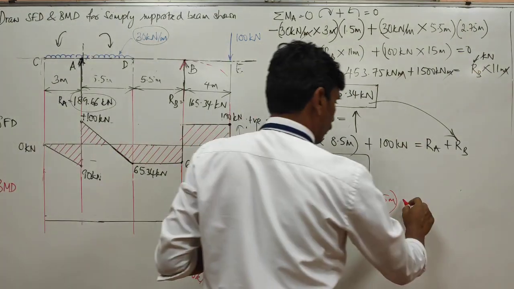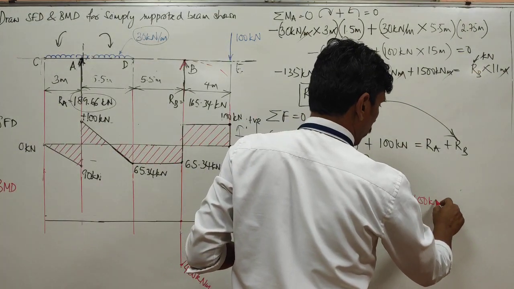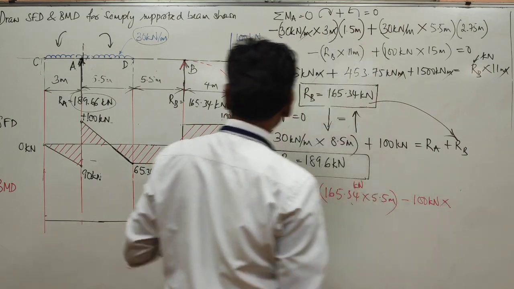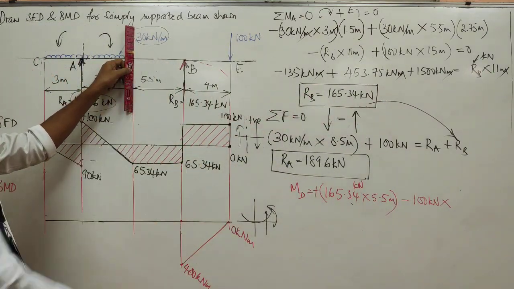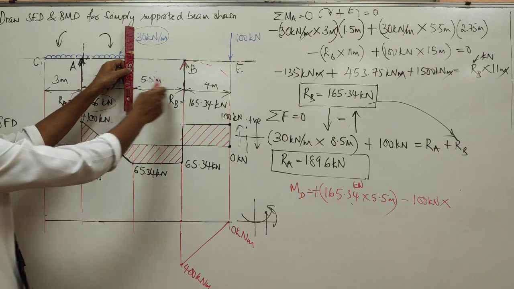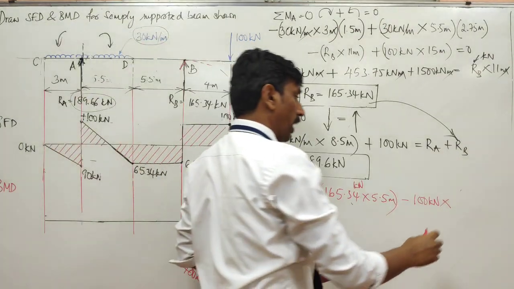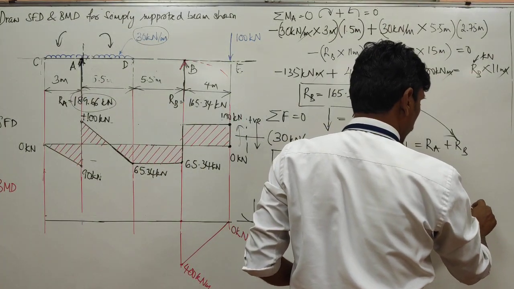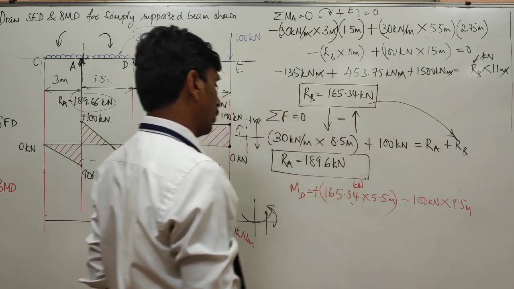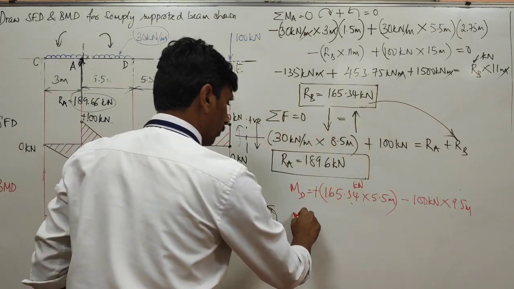And then this force 100 kilonewton acting downwards, that is negative. So minus 100 kilonewton. At what distance is this point? 5.5 plus 4, which is 9.5. It is 9.5 meters. So what is the value, guys?